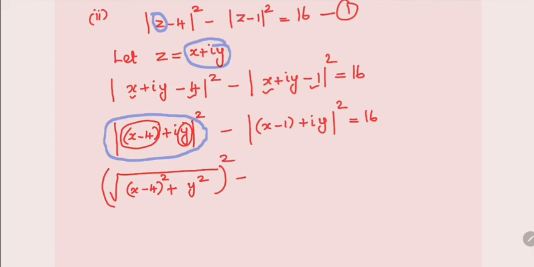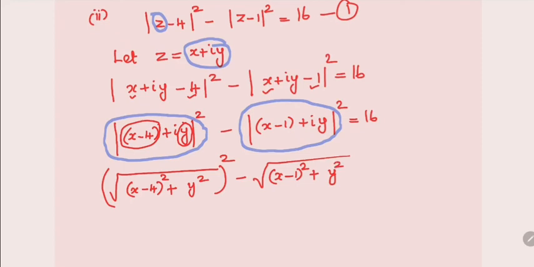Minus, in the same way, you are going to apply the modulus of the complex number. So you start with the square root of x minus 1 the whole squared, because real part the whole squared, plus the imaginary part, in the same way y is the imaginary part, the whole squared. Above that you are having square, that is equal to 16.